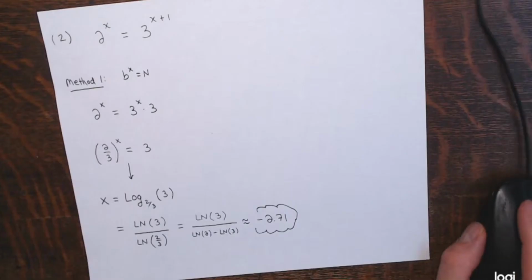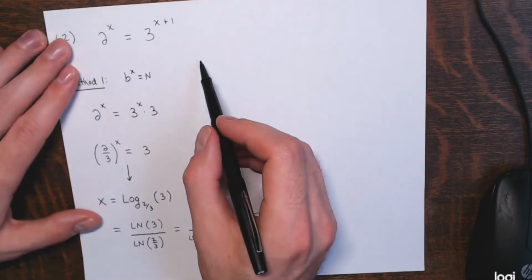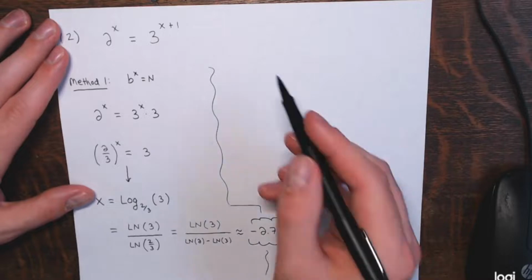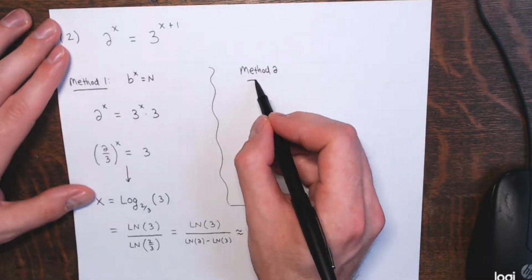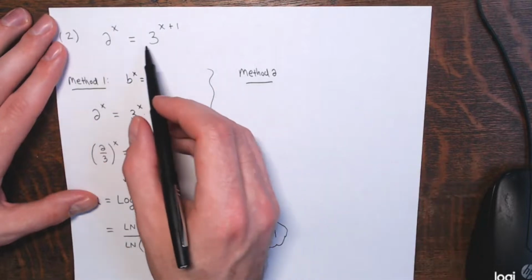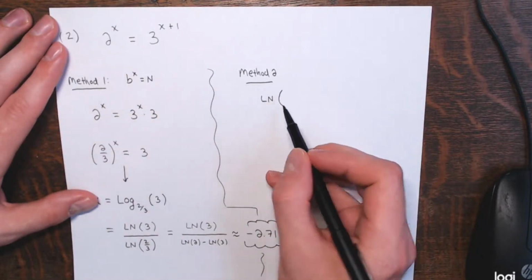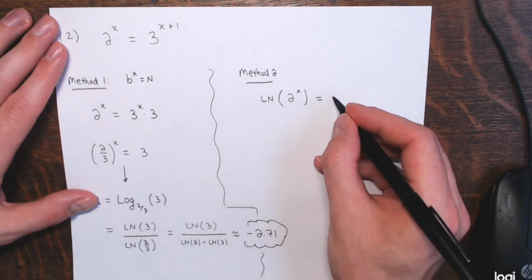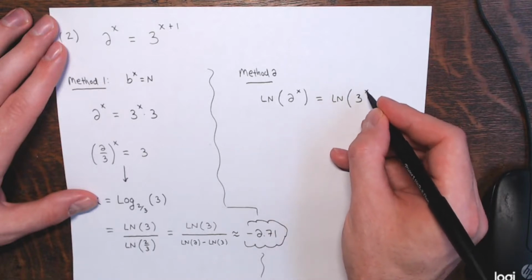Alright, now that other method, again, you decide which one you like better. It doesn't matter to me, as you get the same result both ways. So the other method is, I start with this equation, I take the natural log of both sides. So the natural log of 2 to the x equals the natural log of 3 to the x plus 1 power.